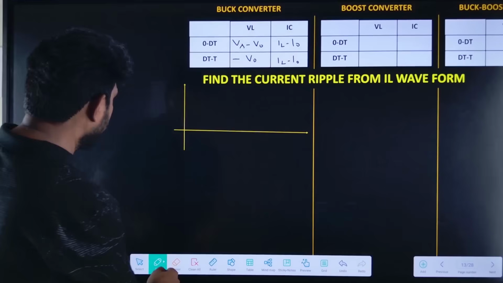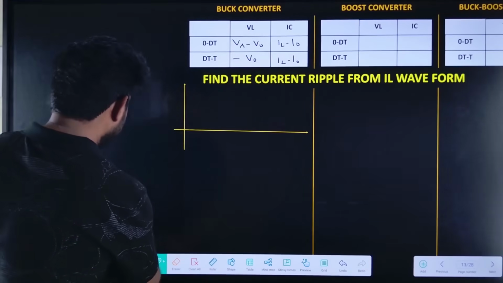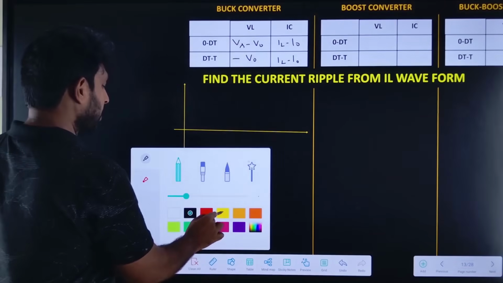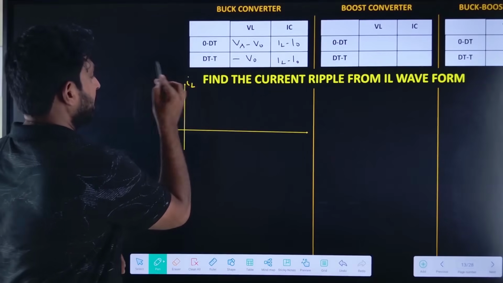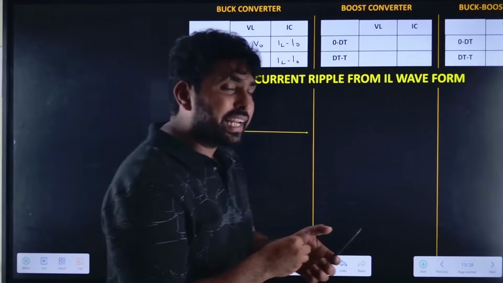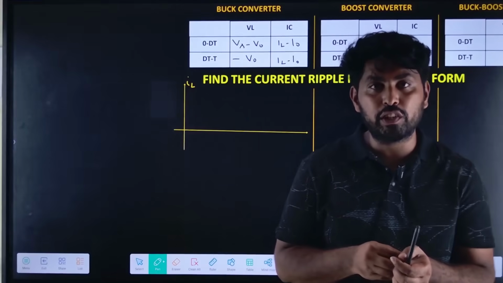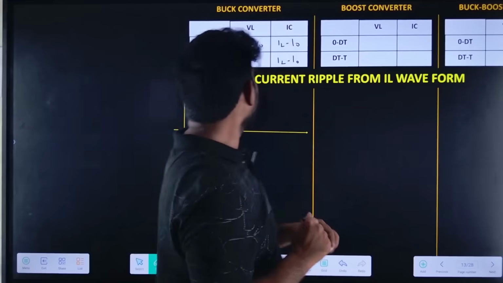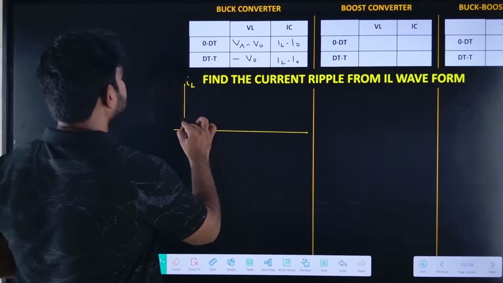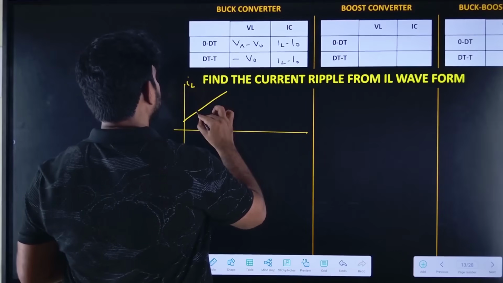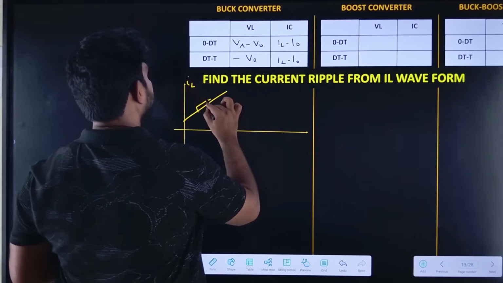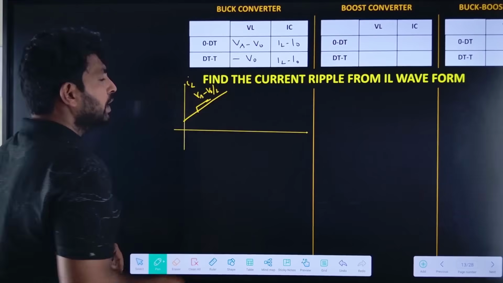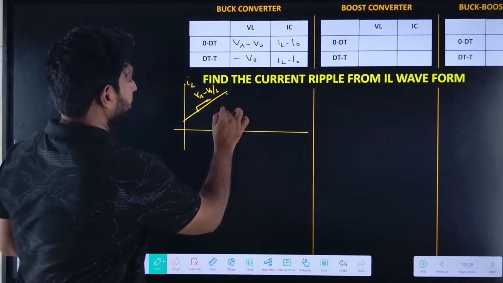During the on time of the switch, the inductor charges with the slope of Vs minus V0 by L, during the dt period.